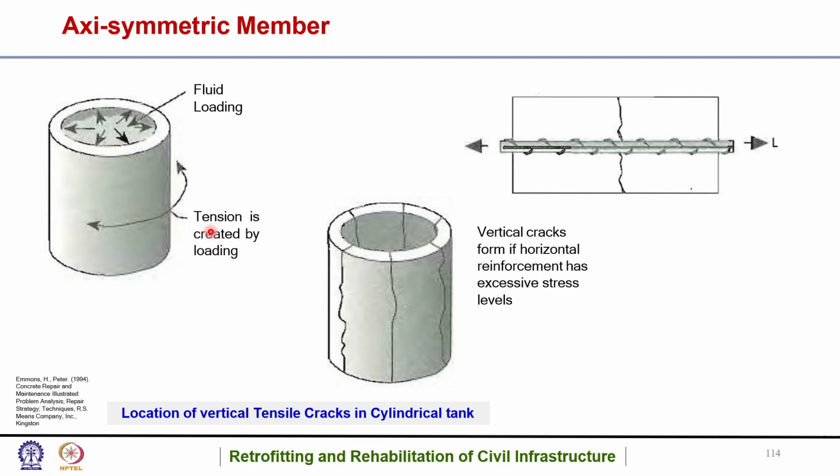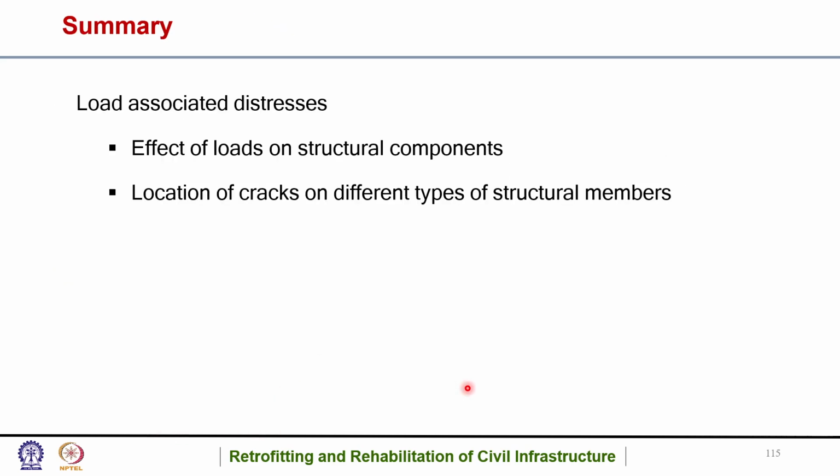Tension is created by this loading in the circumference, and that results in the formation of vertical cracks. Vertical cracks form if the horizontal reinforcement has excessive stress levels. So this is the location of vertical tensile cracks in a cylindrical tank.